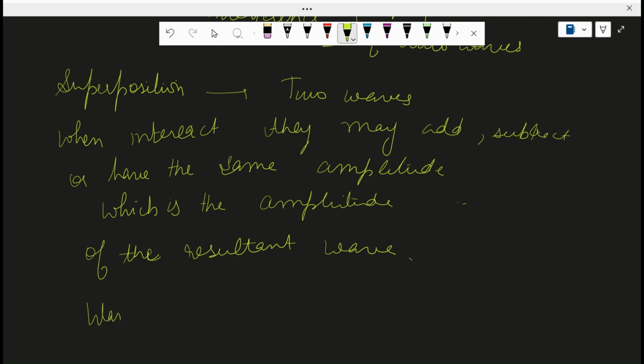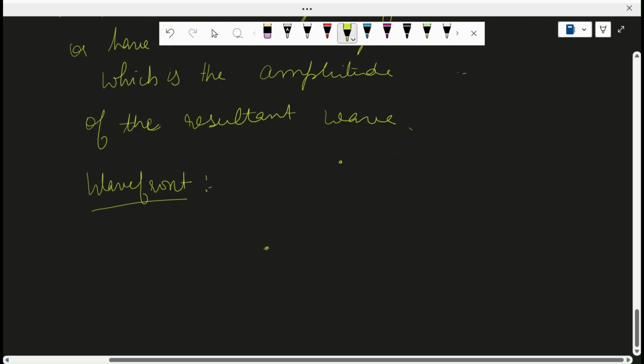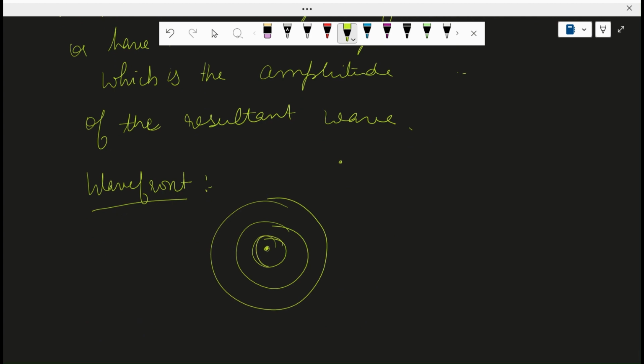Then we need to understand what is a wavefront. So wavefront is simply, so we know that light travels. Light will travel in circular fashion.